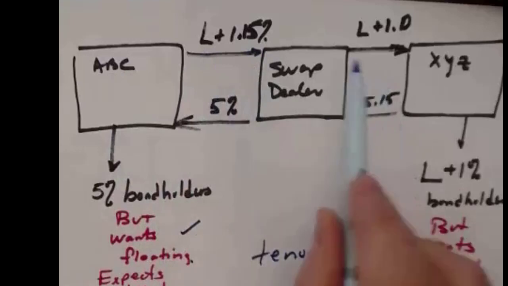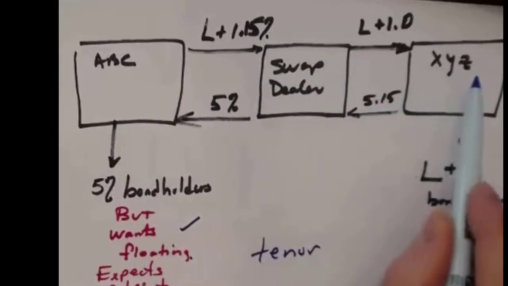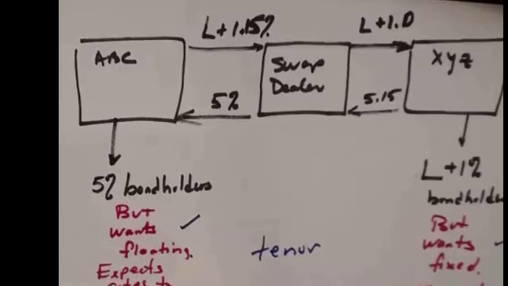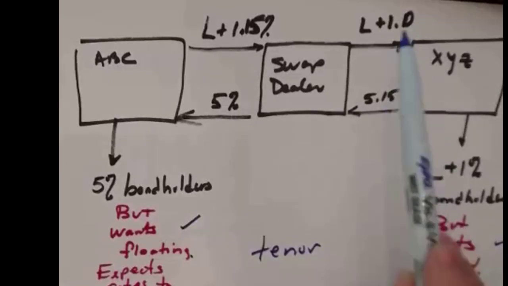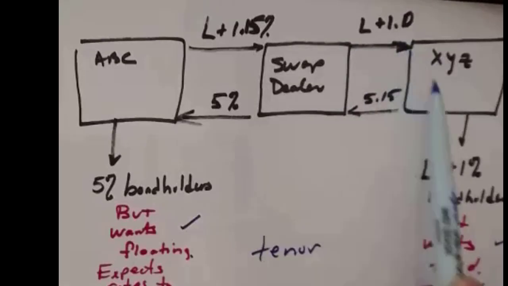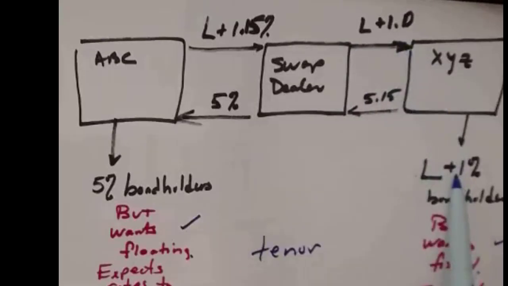Okay? Now, from XYZ's position here, they want to pay fixed because they think rates are going to rise. And so let's see what happens here. Look what happens. XYZ is receiving Libor plus 1. It's paying Libor plus 1 to its bondholders. Those two things net.